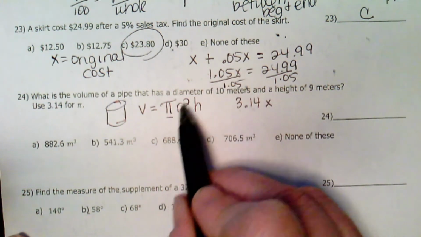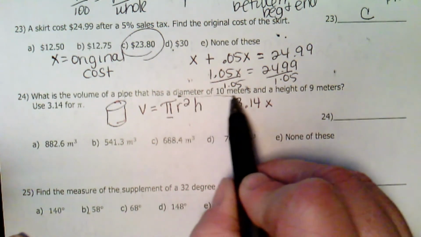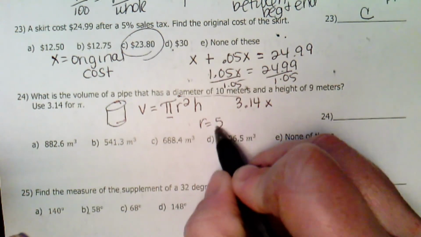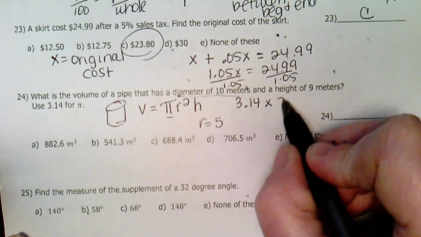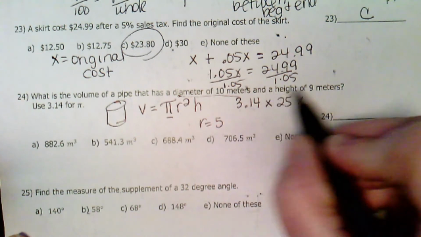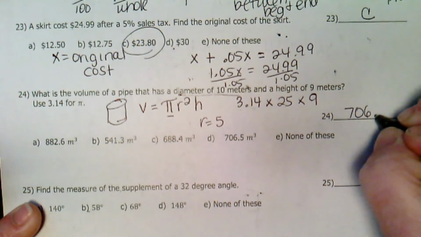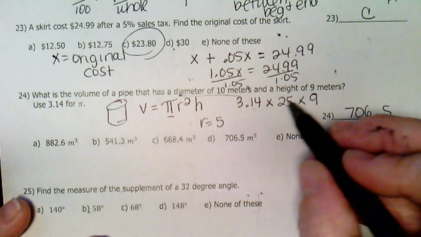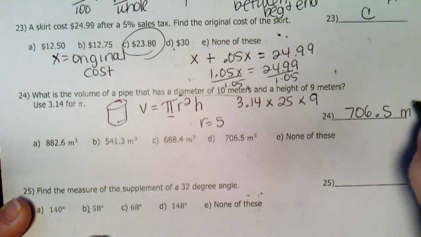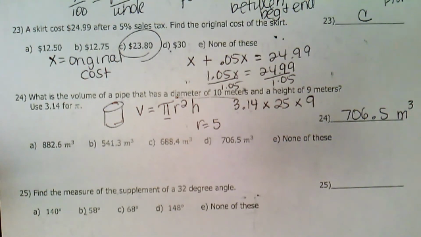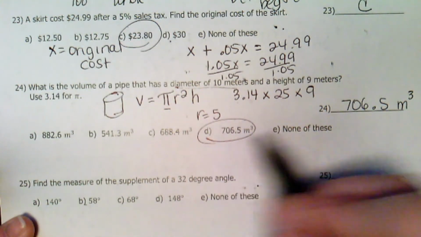We need to do radius squared. Well, they gave us diameter, so our radius is half of that. If we square it, we get 25. And times our height. I get 706.5, and it is meters, and volume is always cubed. So that would be D.